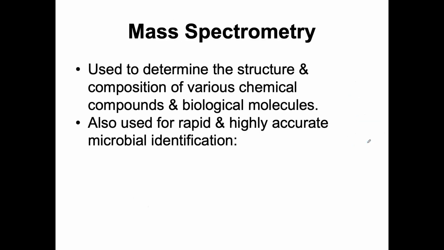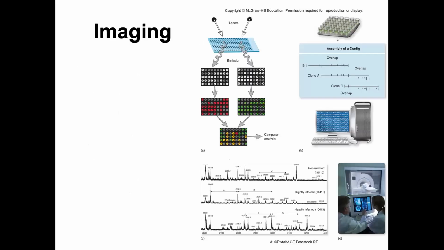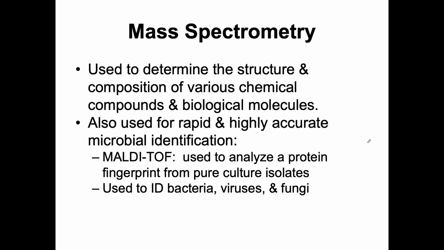In mass spec, what we do is we take protein from a sample and we break it into little pieces using an enzyme that digests protein, usually trypsin.